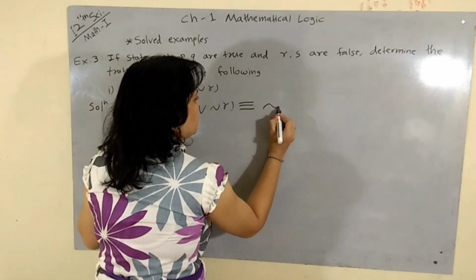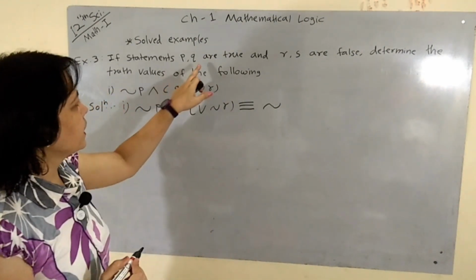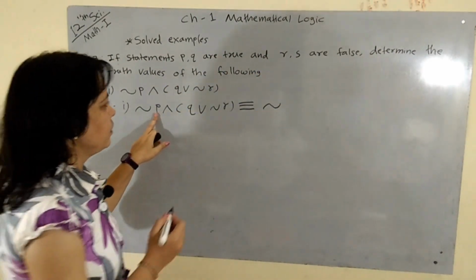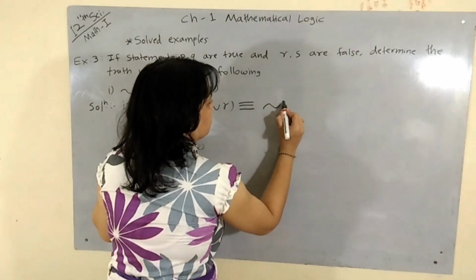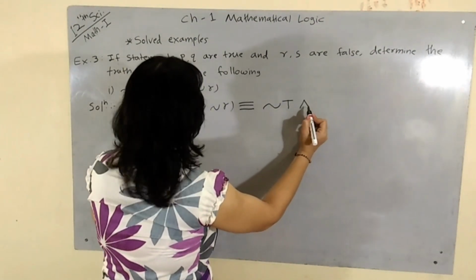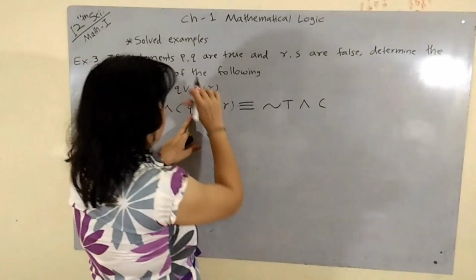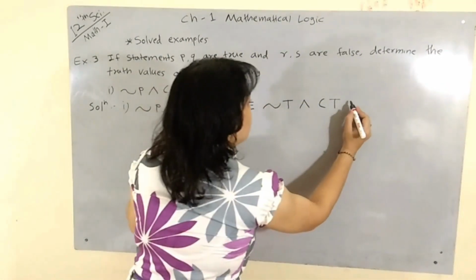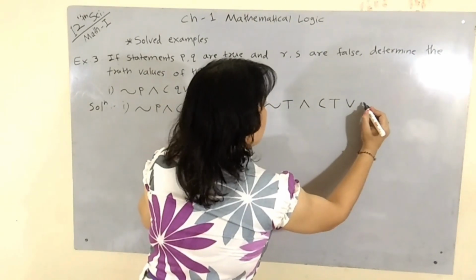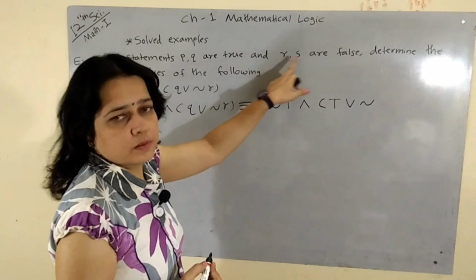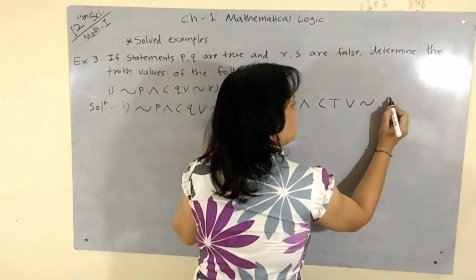Negation of P, here P, Q are true and R, S are false. So its truth value is true. And Q also true. So write here true, or negation of R. The value of R is false. Therefore write here false.